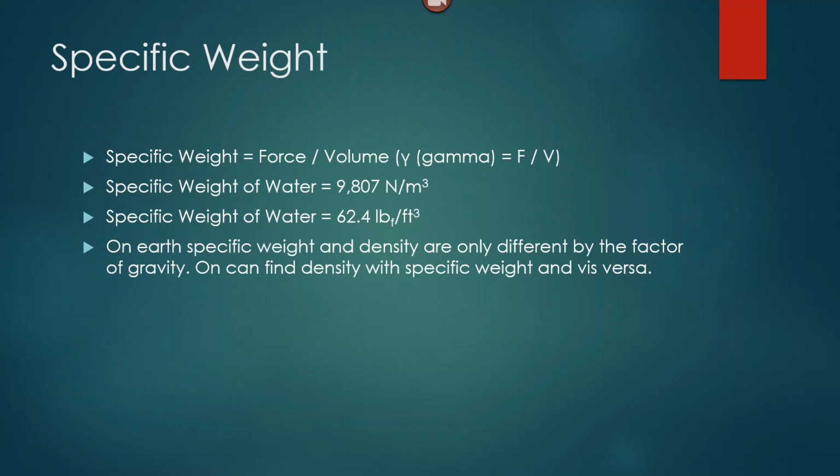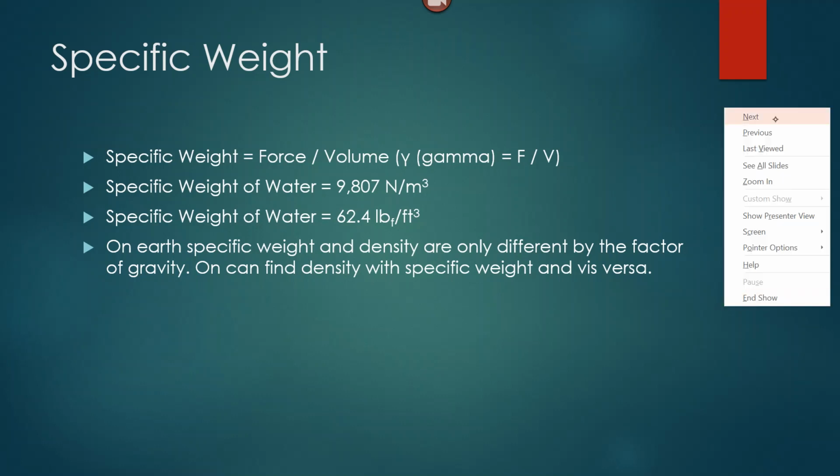So specific weight and density are only separated by gravity. If we want to go from specific weight to density, we can factor the gravity in and out and get a conversion between the two, and we will do that in one of our problems.